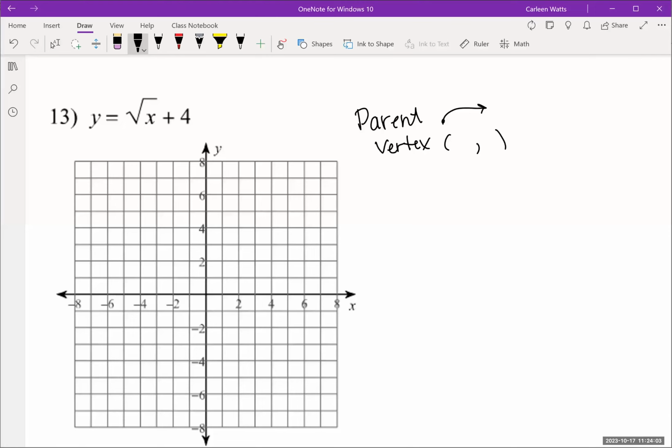It's outside. If the 4 is outside, is that the X or the Y? X is inside, Y is outside. So this is Y, same sign. And inside is X, opposite sign.